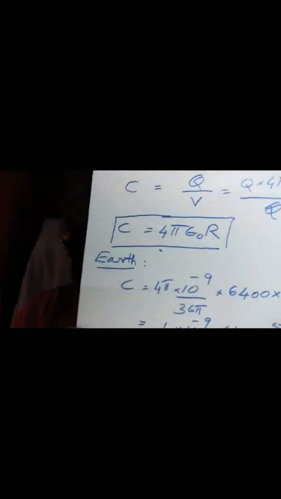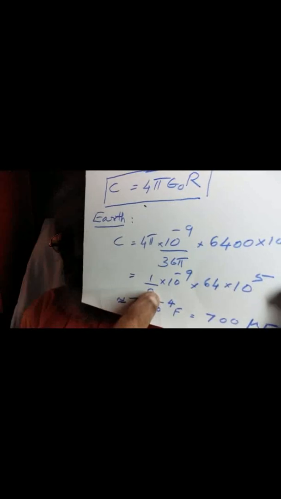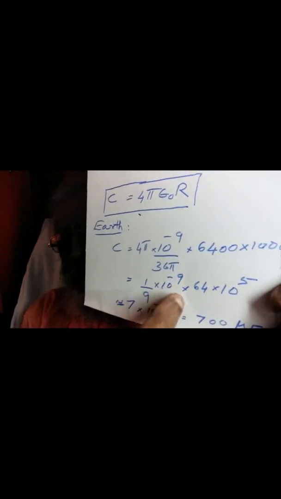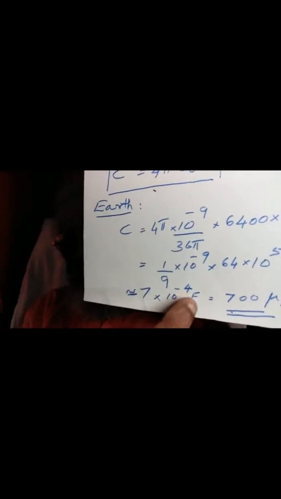If radius of Earth is 6,400 kilometer or 6,400 into 1,000 meter, then its capacitance is 4 pi epsilon 0, that is 10 raised to minus 9 by 36 pi, into radius 6,400 into 1,000. You get 1 by 9 into 10 raised to minus 9 into this much, or nearly 7 into 10 raised to minus 4 farad.